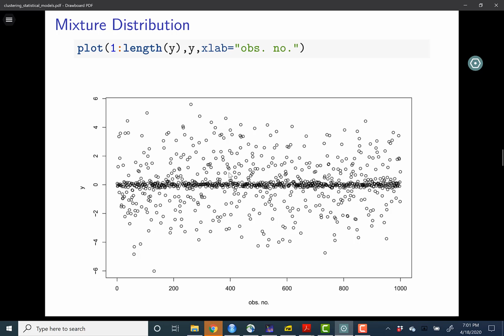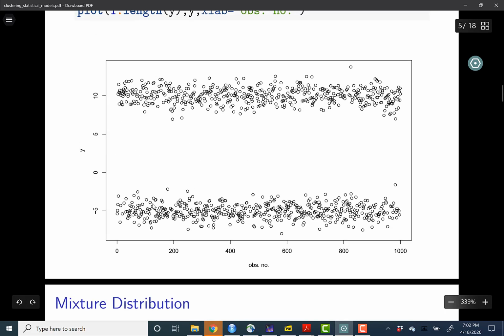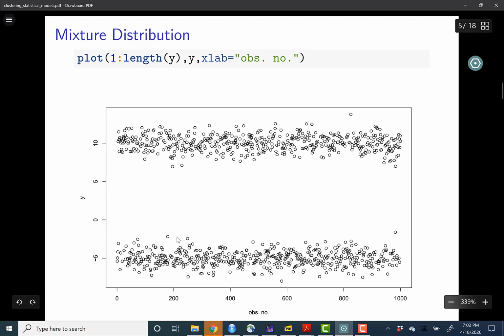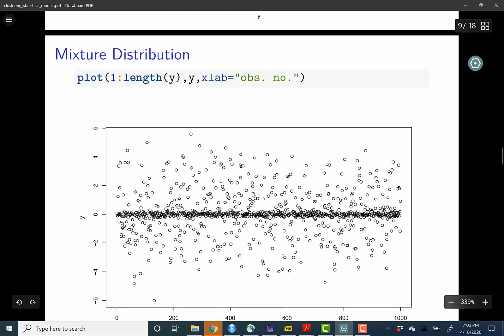We'll see later on, if we can play around with this a little bit, generate data from different distributions and see how the algorithm that we will learn here works. I'm pretty sure that it will work very well for this data set, but I'm honestly not sure how well it's going to work on this one.